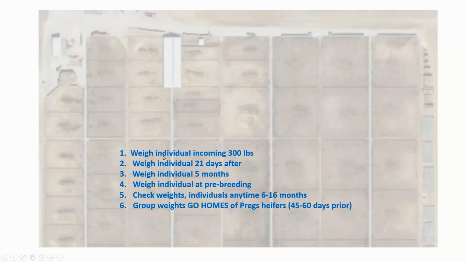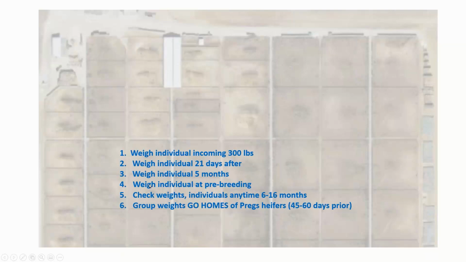What they do is they weigh individual animals when they come in at 300 pounds. They do some vaccination 21 days later. So again, individual measurements at 21 days. Around 5 months, we're still doing calfhood vaccination on most of these animals going back to those states. So we have an individual weight again at 5 months.